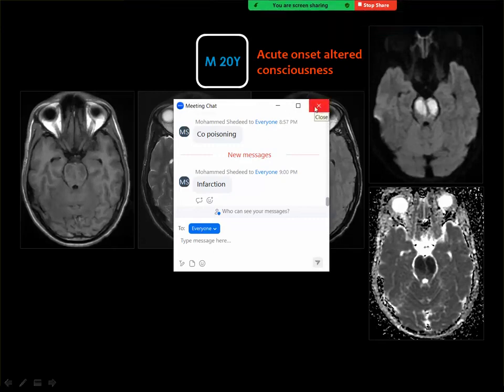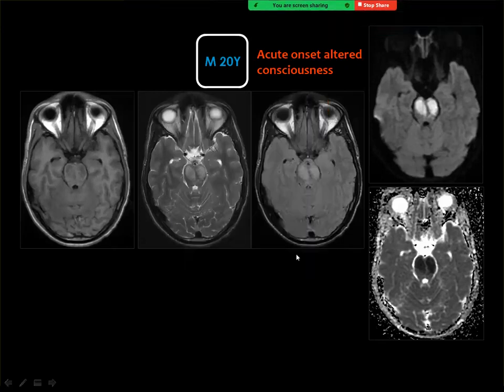Yes, and the answer is right. These are infarctions in the brainstem.